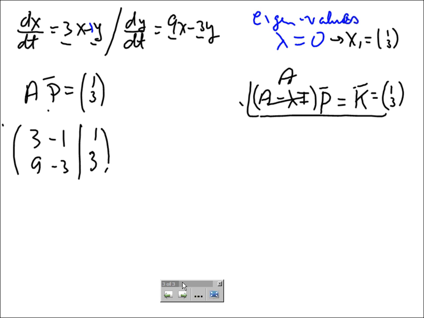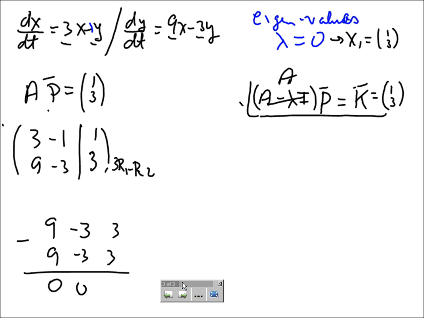If you triple the first row, you'll have 3 times 3, 3 times negative 1, and 3 times 1. And if you take away row 2, you get a row of zeros. So we have 3, negative 1, 1, 0, 0, 0.